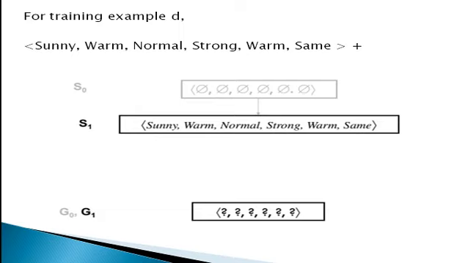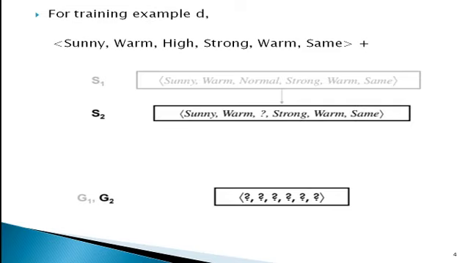Then when the second training example is observed, this is also a positive example, right? So it has a similar effect of generalizing S further to S2. This is the second training example, which is again a positive training example, that is sunny, warm, high, strong, warm, same.